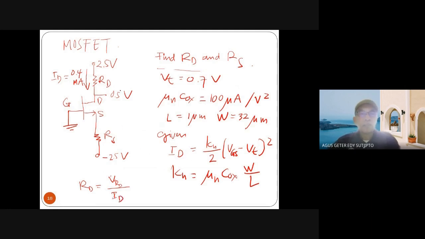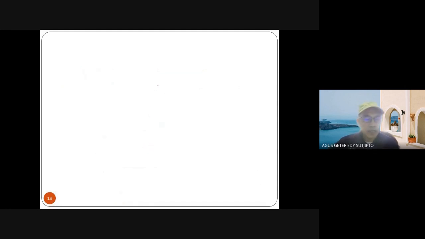So RD equal the drop voltage VRD over current ID. So VRD is the drop voltage in the RD, that is 2.5 minus 0.5. So this is the drop of voltage.